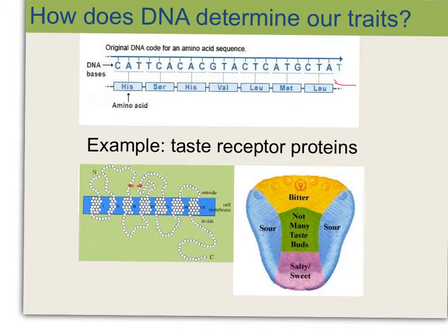Now, this is all because of the way the DNA code is and how it codes for certain amino acids, and how you can get a difference in taste bud receptors and how many you have in certain places.